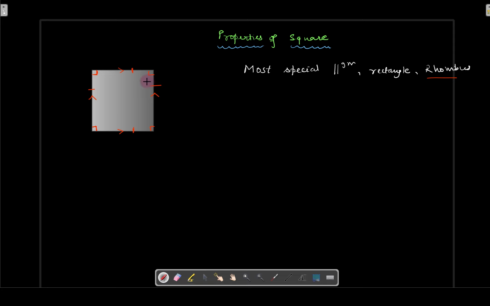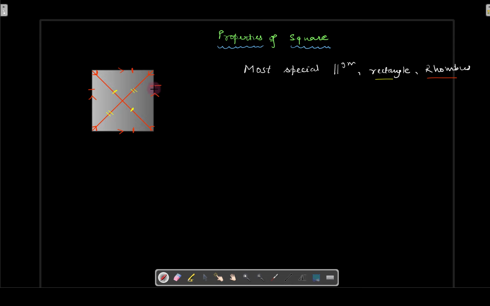Then next, diagonals bisect each other. That's the property of parallelograms. So this will be equal to this, will be equal to this, and diagonals are congruent. That was the property of rectangles.